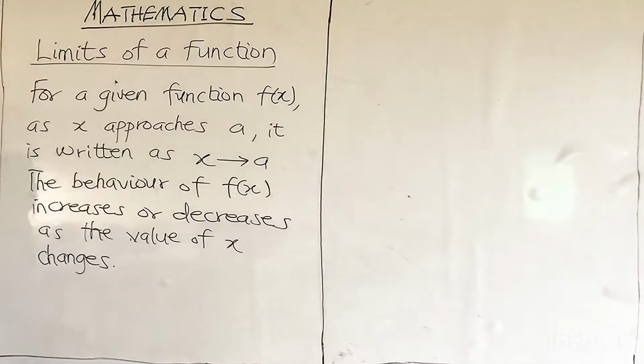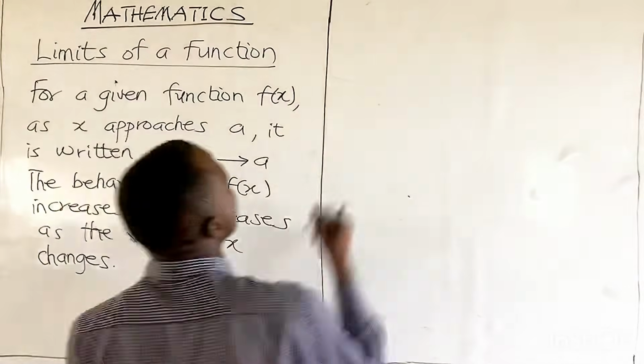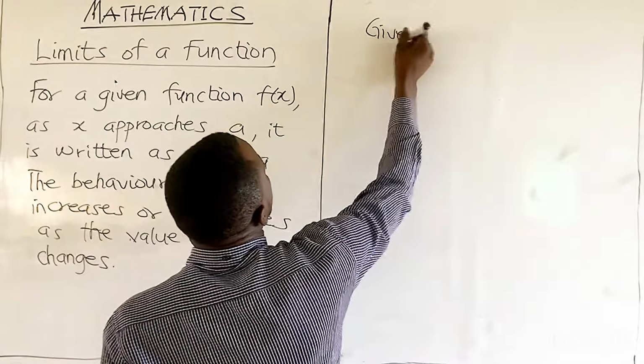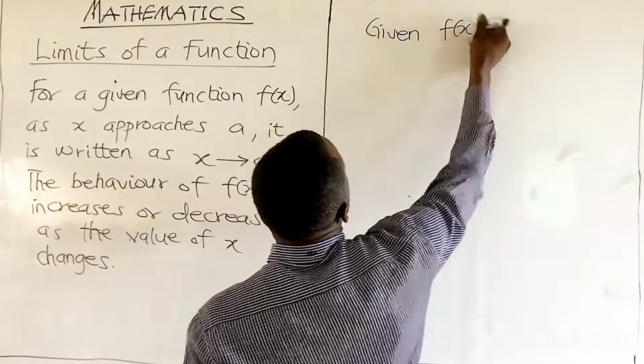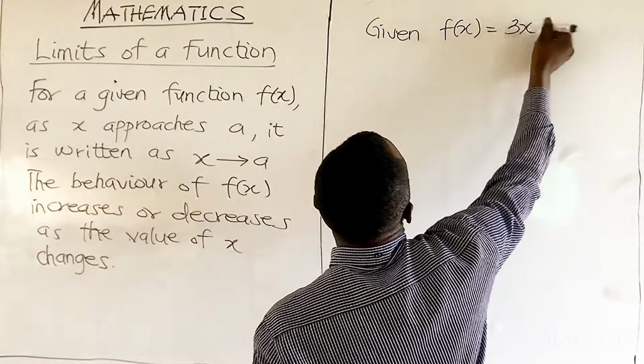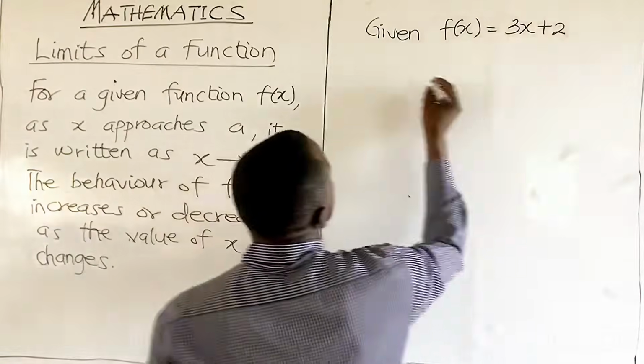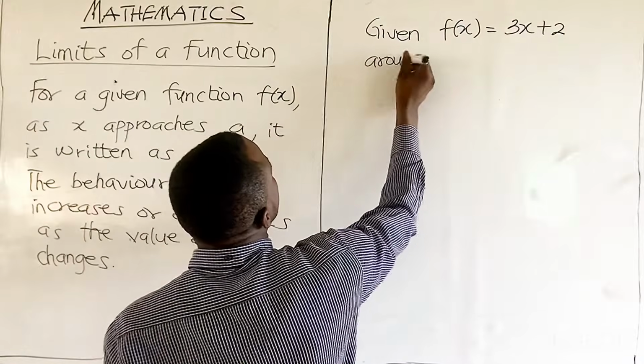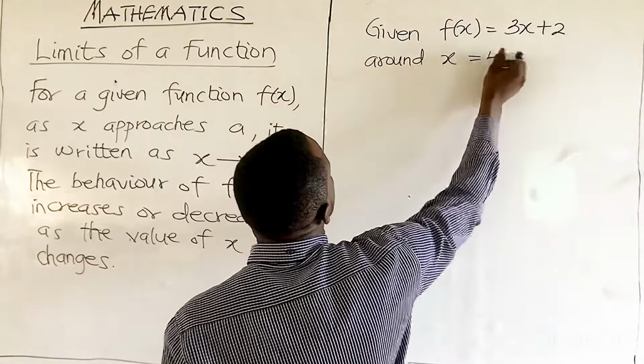All right, so now let's look at an example. For example, given f of x equal to 3x plus 2 around x equal to 4.